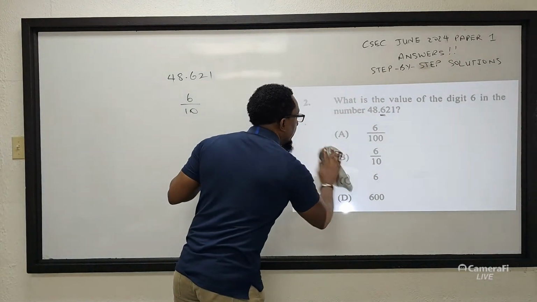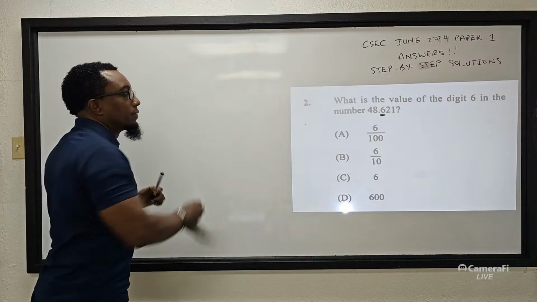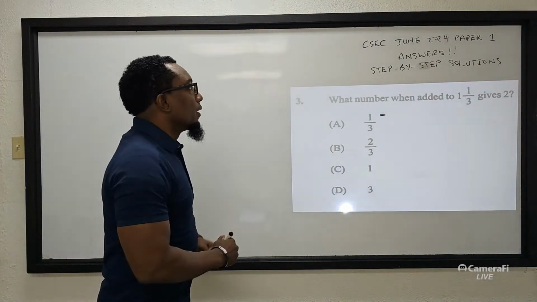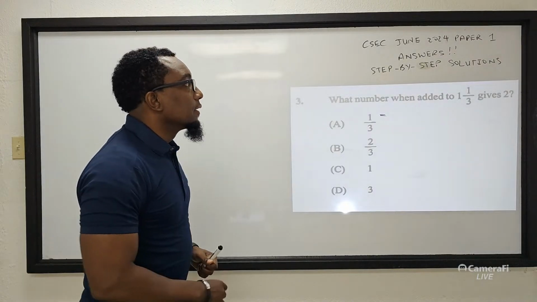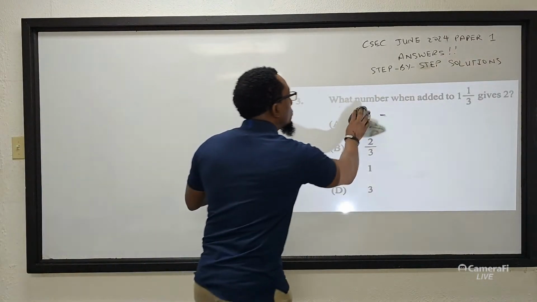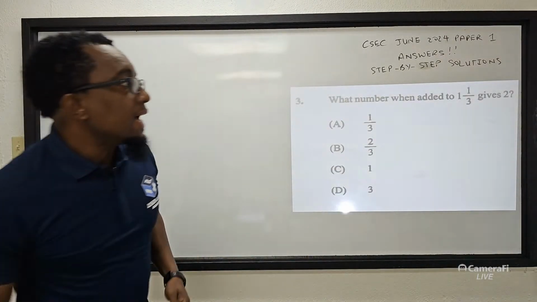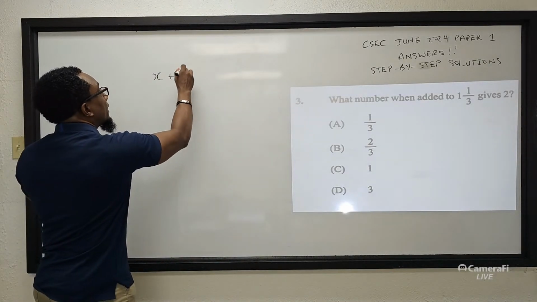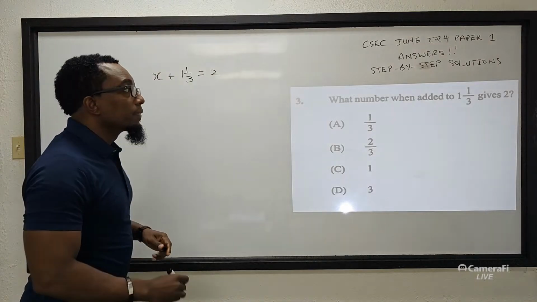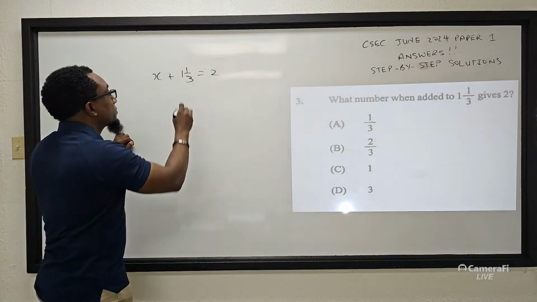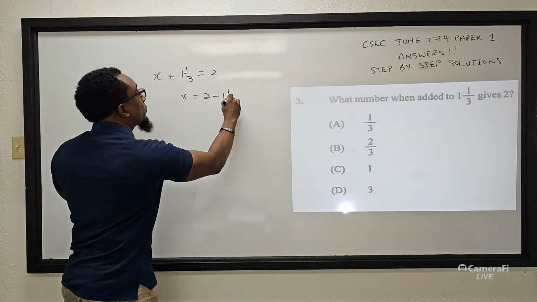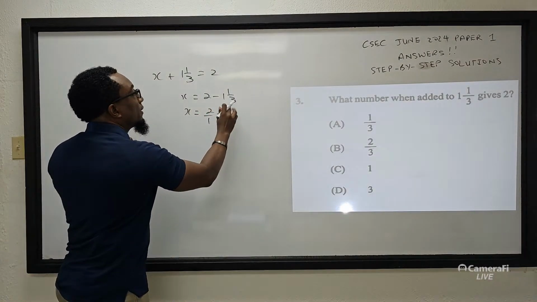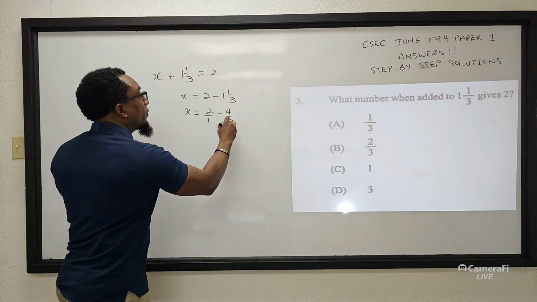Let's look at question 3. What number when added to 1 1/3 gives 2? So we have this number, x, added to 1 1/3, and this gives 2. To find x, it's simply 2 subtract 1 1/3, which is the same as 2 over 1 minus 4 over 3.